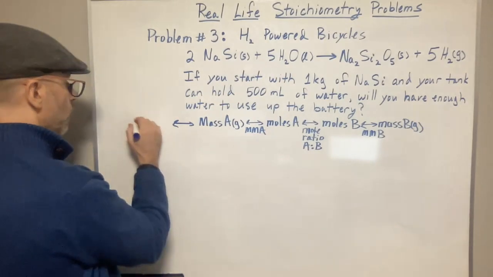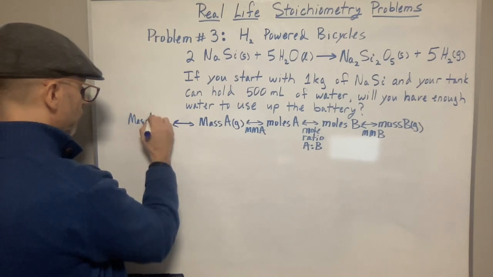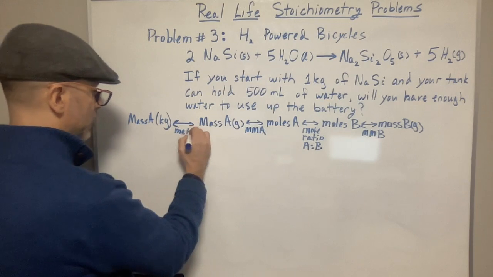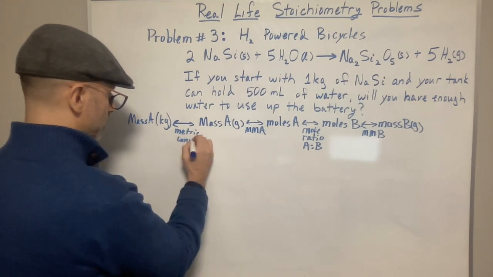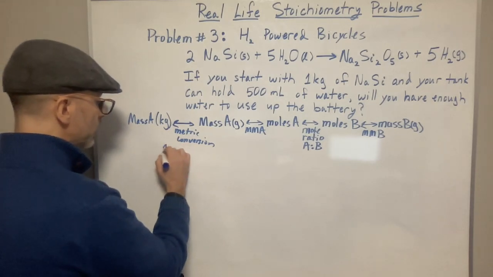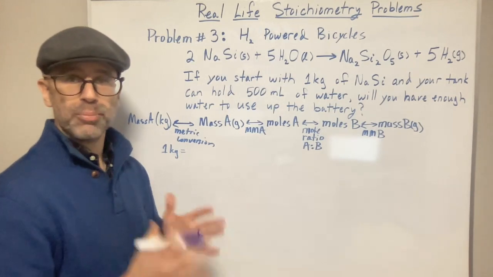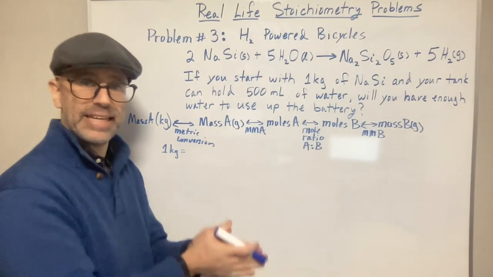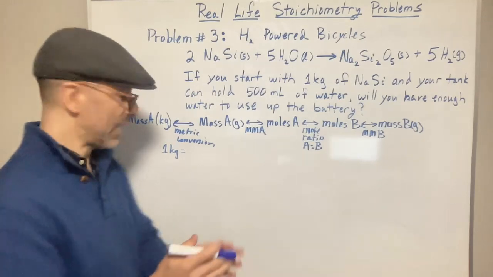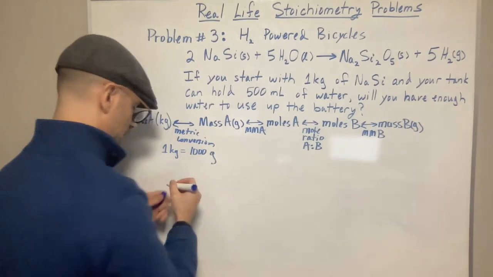Here we're going to have mass of A in kilograms, and we're going to have to use a metric conversion. If we know our prefix multipliers, we know that kilo means 1,000. So 1 kilogram is 1,000 grams.